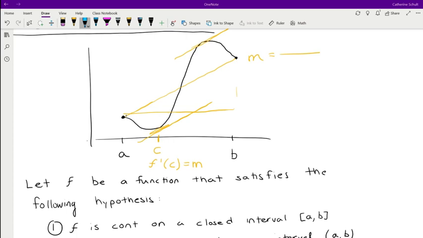I'll do it in a different color. It's going to be B minus A. And then the vertical distance, remember this is f of B, and this is f of A. So the vertical distance is going to be f of B minus f of A. So that's what our theorem says.